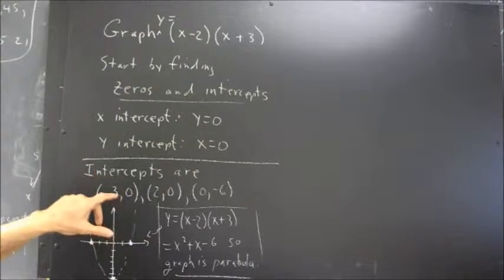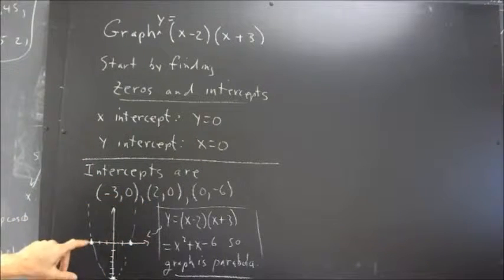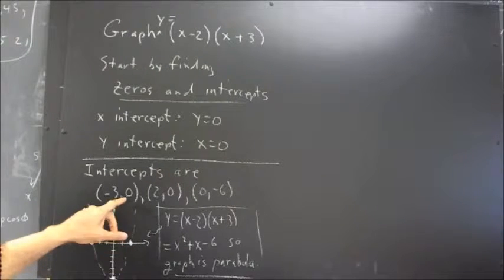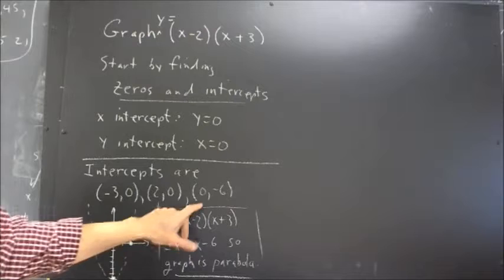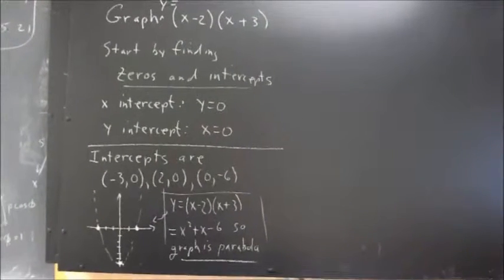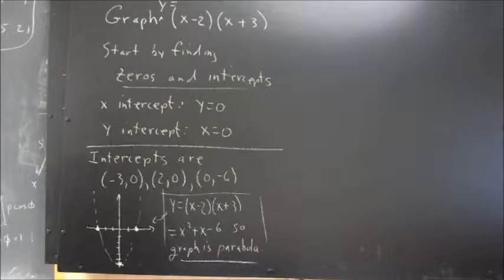Okay, x-intercepts are negative 3 and 2, as we saw, so we put dots at x equals negative 3 and 2 where y equals 0. Also, if x equals 0, y equals negative 6, that gives us the y-intercept 0, negative 6. And I'm not sure the camera goes low enough to see that.